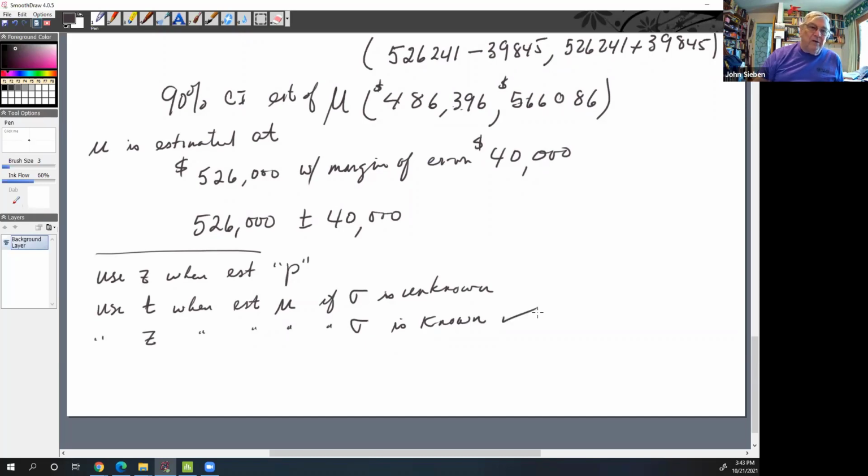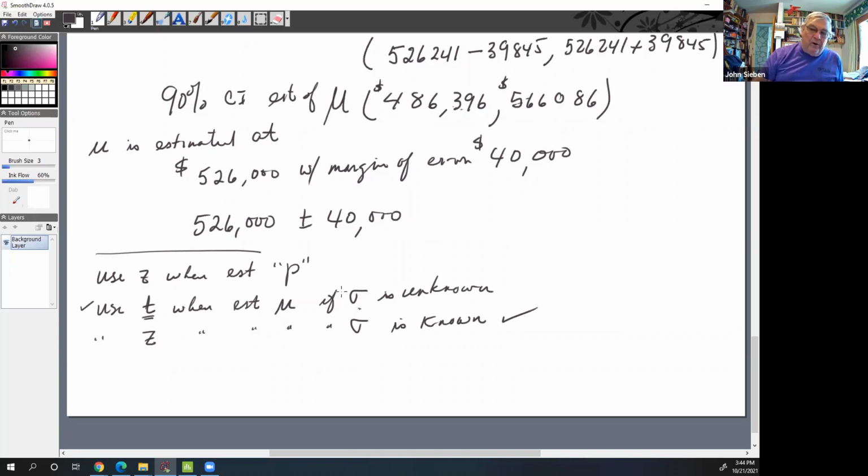If you don't know mu, you don't know sigma. So this case just doesn't happen. And if one time in 10,000 it did happen and you used T instead, the difference is small enough it won't matter. But if sigma is unknown, which it almost always is, then the proper statistic to use is T.